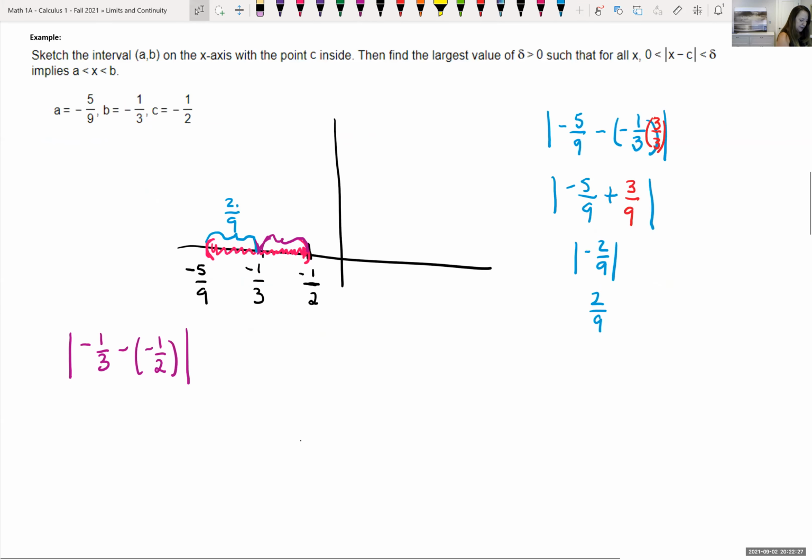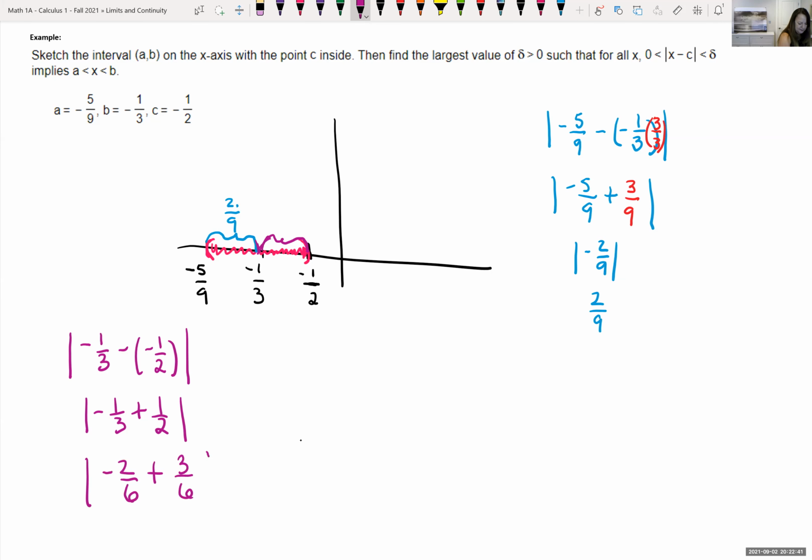This is the same thing as -1/3 plus 1/2. 6 is my common denominator, so this is -2/6 plus 3/6, which equals 1/6.